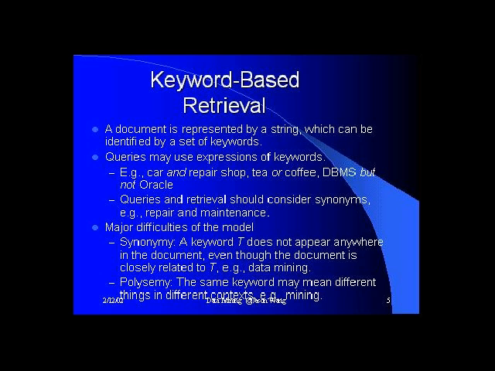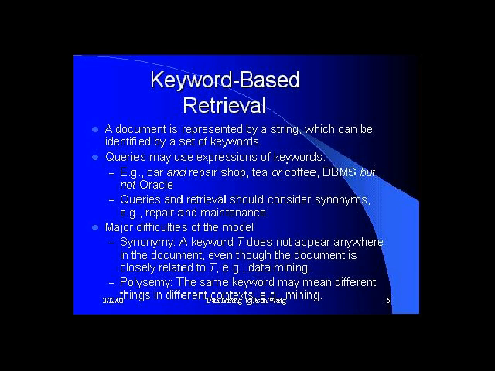It also has difficulties in dealing with polysemy. The same keyword may mean different things in different contexts. Mining association rules is different from mining minerals, which is different from mining classification rules. So the same word mining means different things in different subjects and different domains.